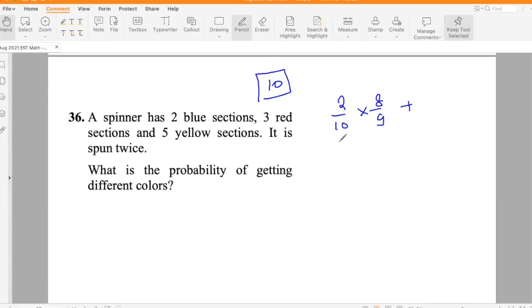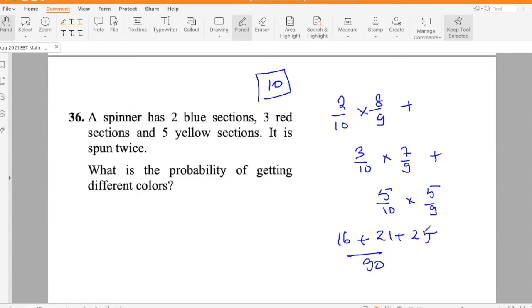Okay, let's say the first is red. So 3 out of 10 and the other is 7 out of 9. And let's say the first is yellow. So 5 out of 10 and 5 out of 9. Okay, so the denominator is 90, and the numerator is 16 plus 21 plus 25, which is 62. So 62 by 90.